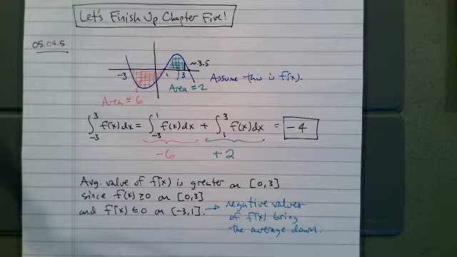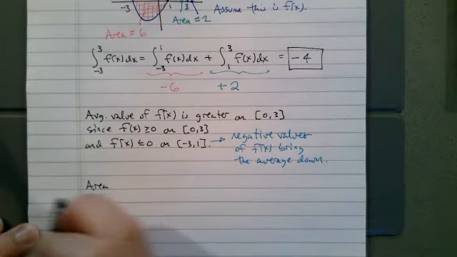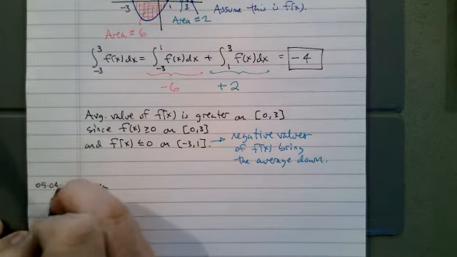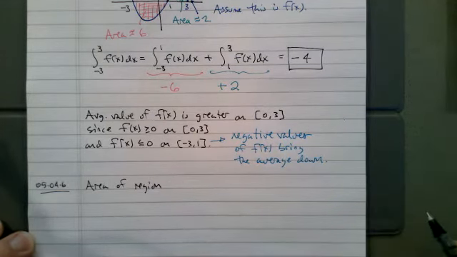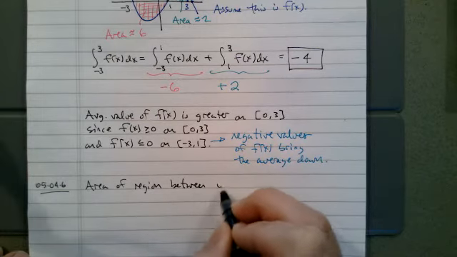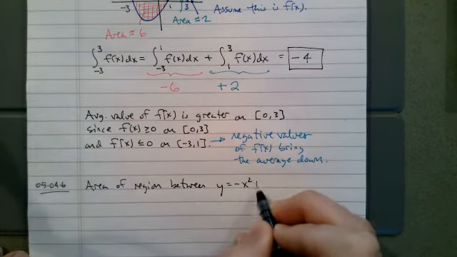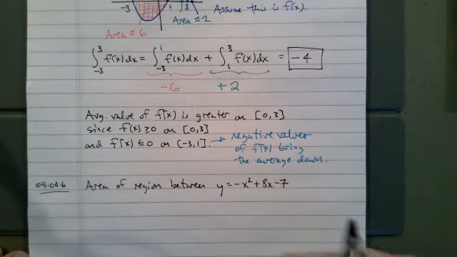On problem 6, we want to find the area of the region between the graph of this parabola and the x-axis for x between 0 and 6.